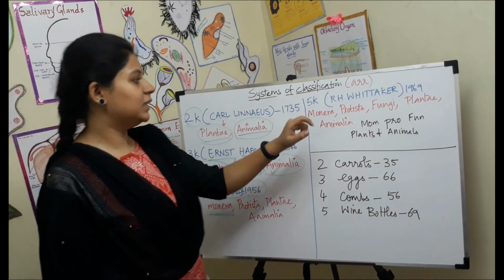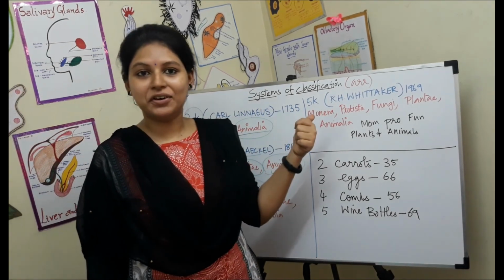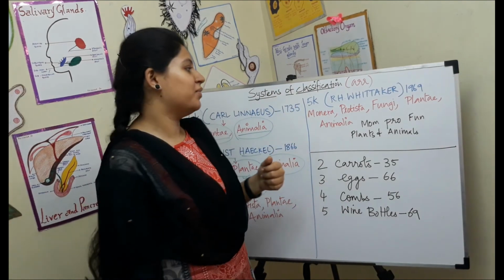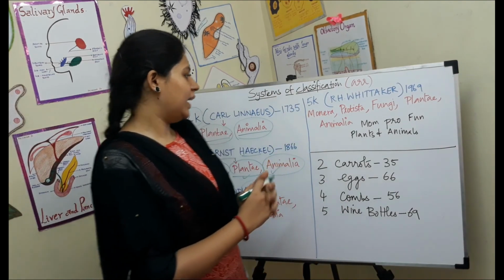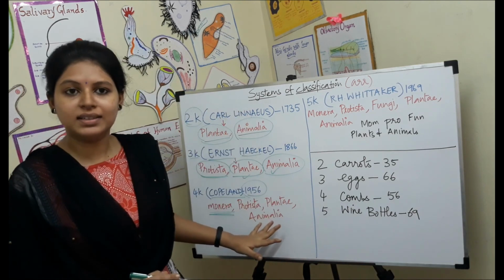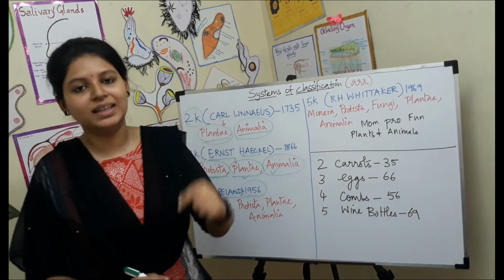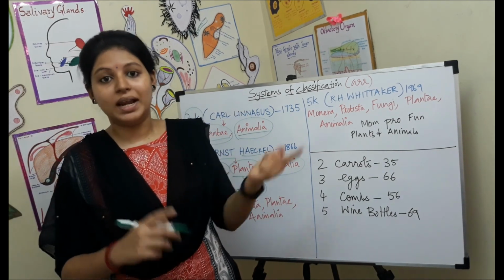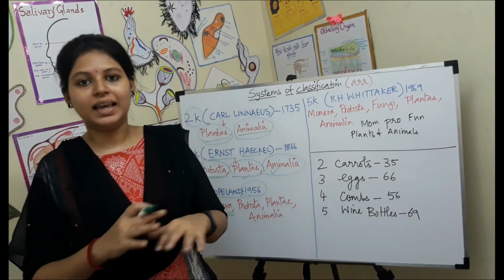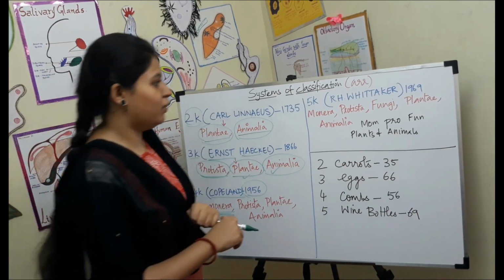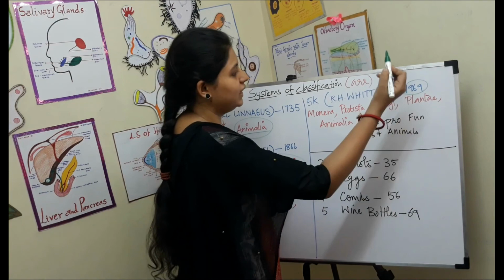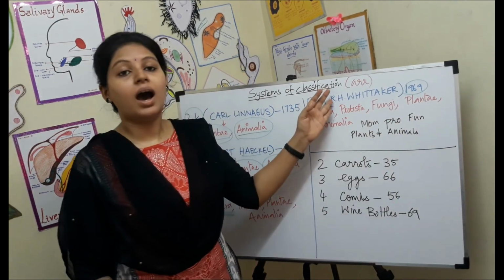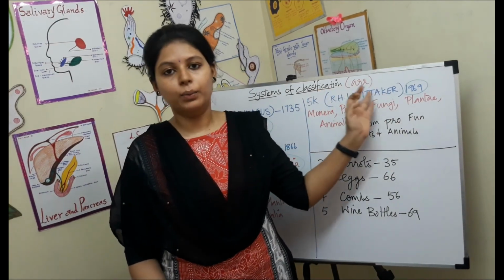Next, five kingdom. He is the hero of the day for the five kingdom system of classification. He compared all the systems. Okay, there's one more kingdom which has been missed out. So let me introduce that and come up with the five kingdom system of classification in the year 1969 by R.H. Whittaker.